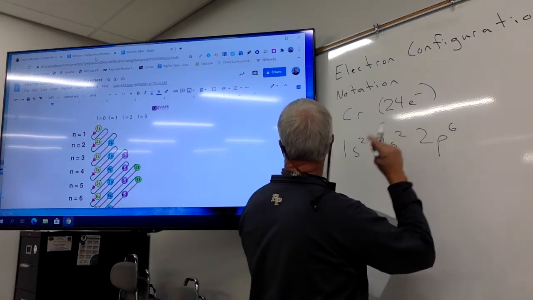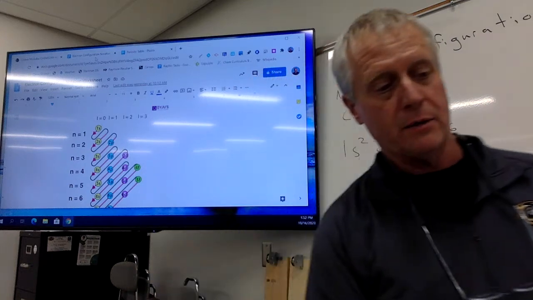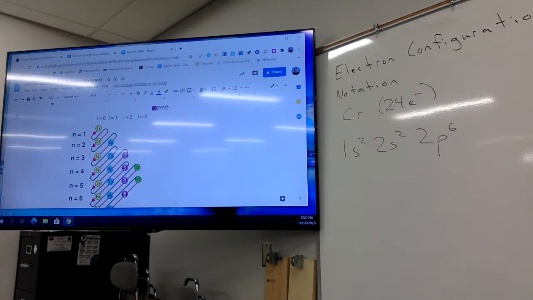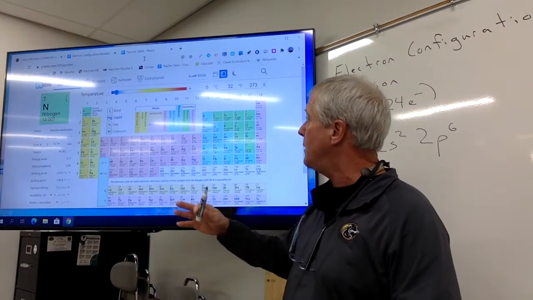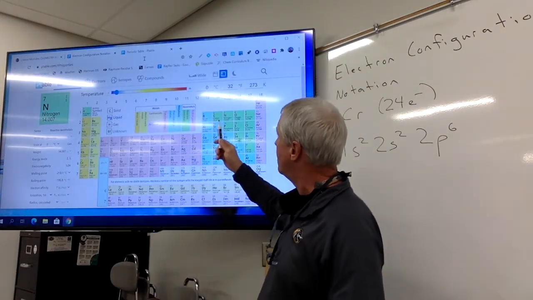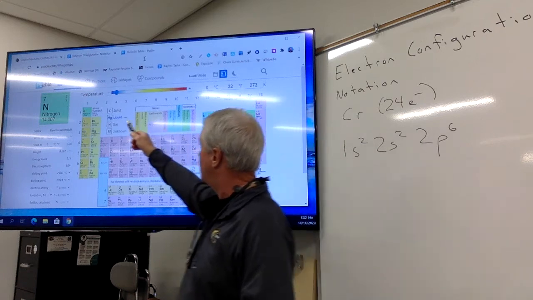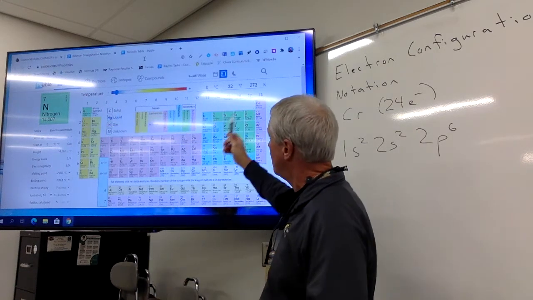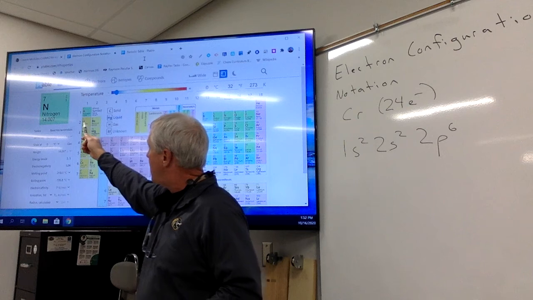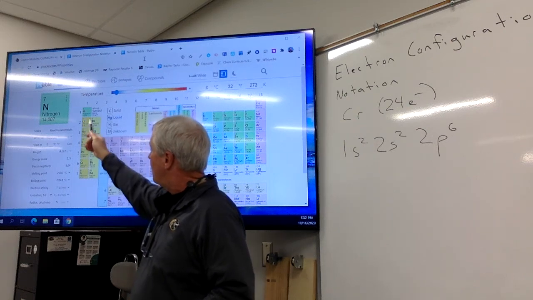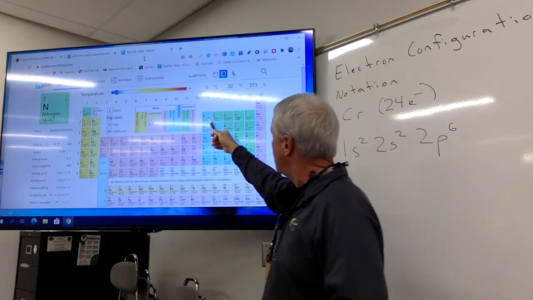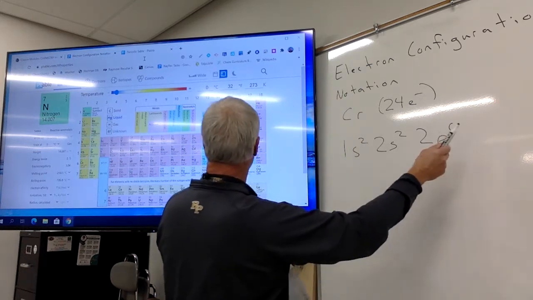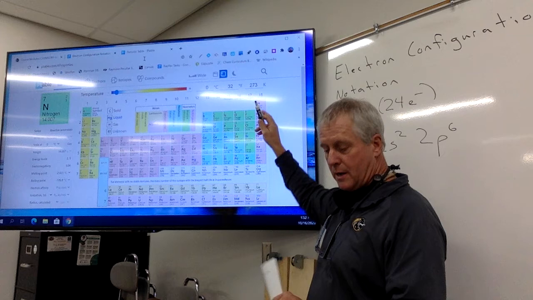Go back to the periodic table, because when you're doing these notations, you're working with both of these ideas. This is your 1s1, your 1s2, and then this comes back over to 3 and 4, which means that's your 2s1 and 2. This would be your 2p6. So that's where we are so far. We're up to neon right now.